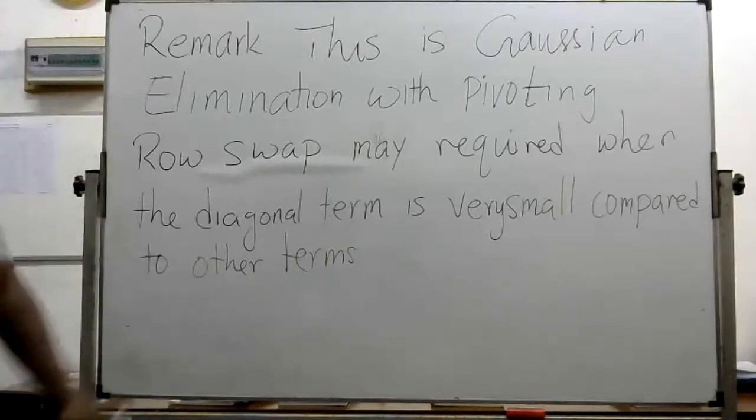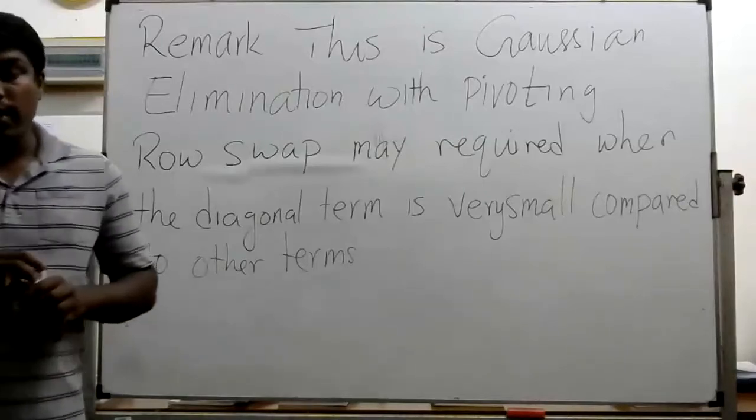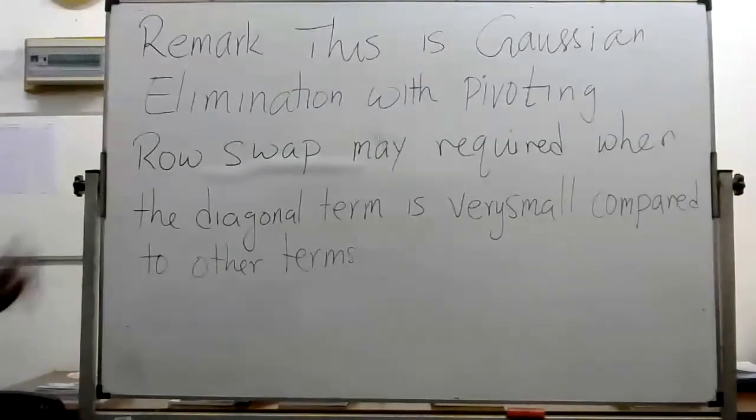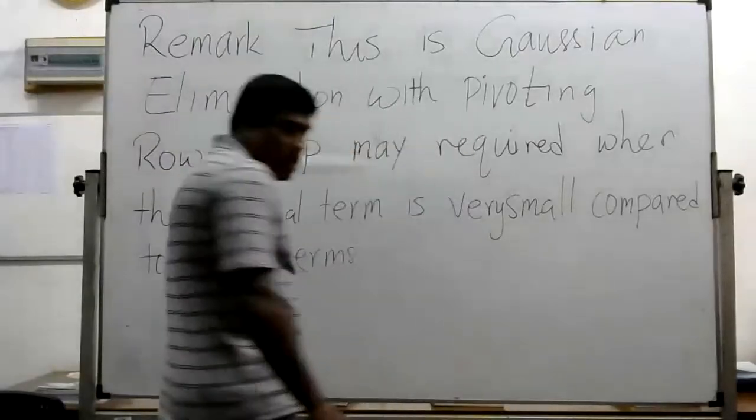That is the pivoting technique, or multiplying by an elementary permutation matrix, and it is required whenever the diagonal term is very small compared to the other terms. We will see an example of how this works. This second remark works by looking at an example, so we will start with this example.